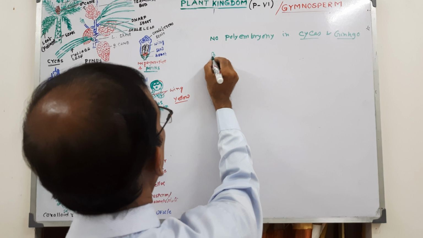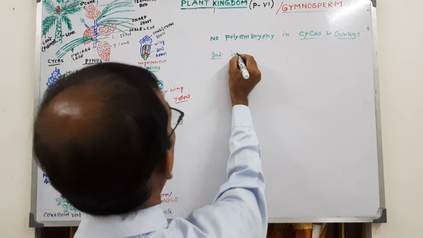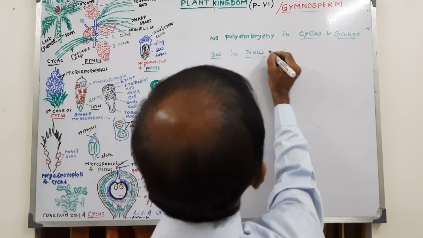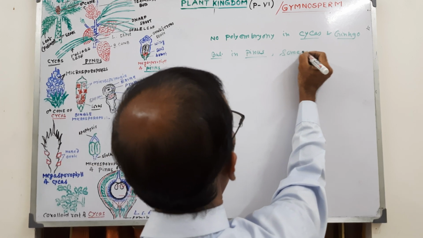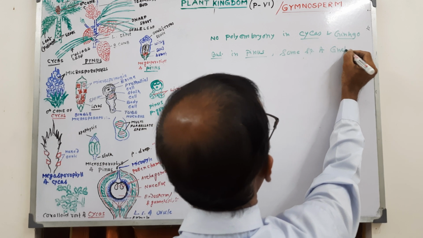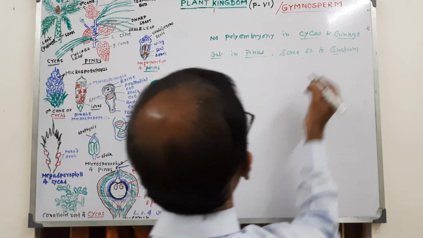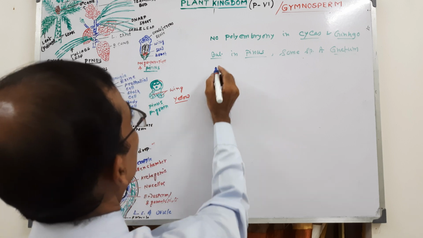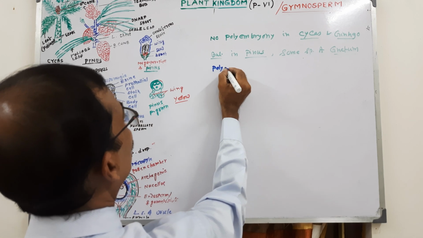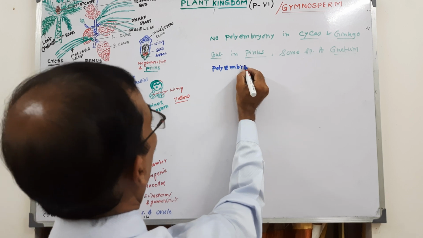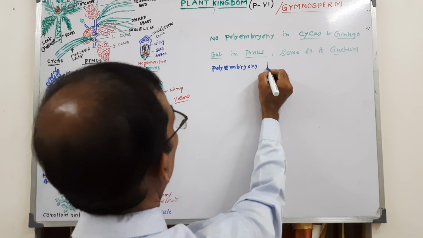But in Pinus and some species of Gnetum, polyembryony is found, that is, more than one embryo.